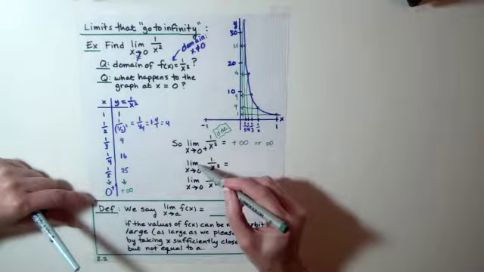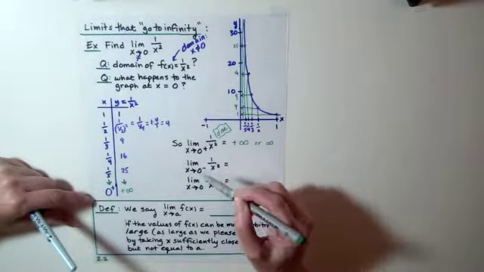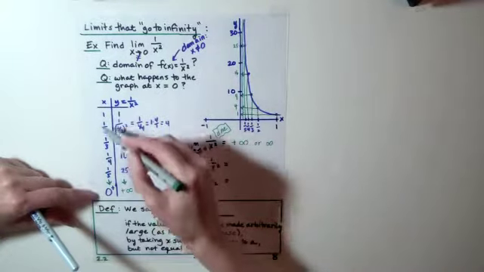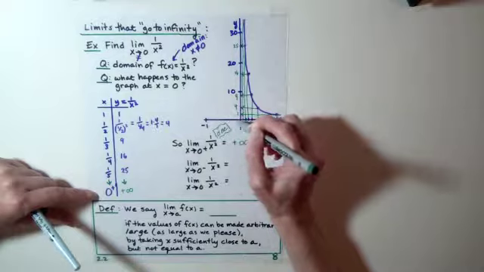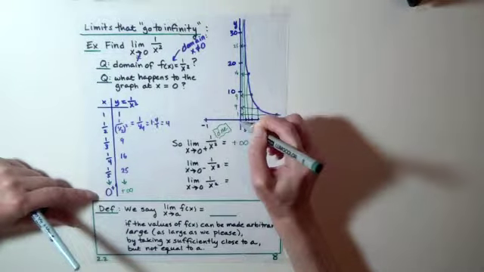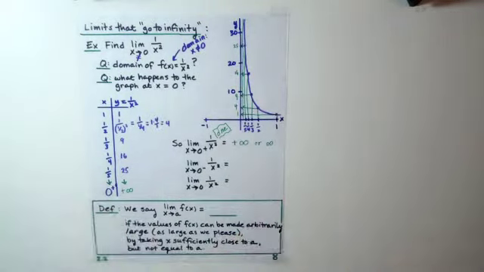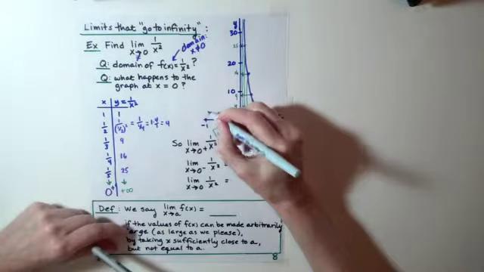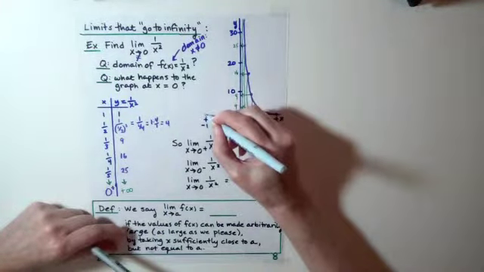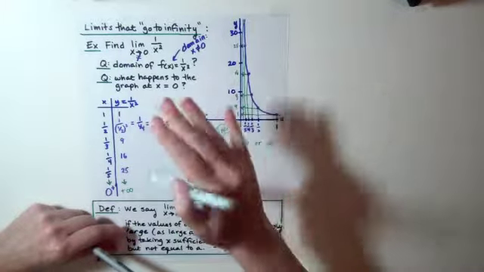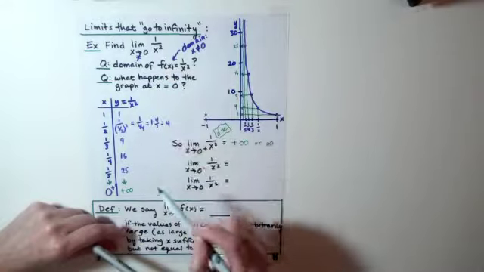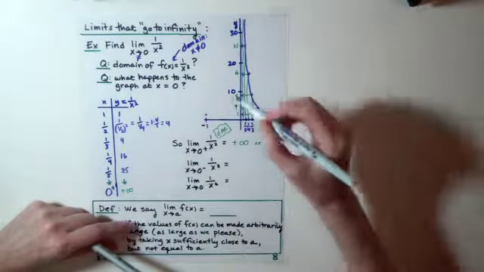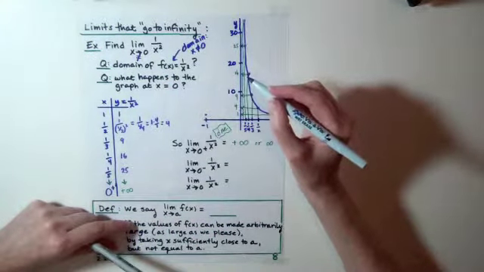Well, if you want the limit as x approaches 0 from the left, you could do the same type of thing where you allow your x values to approach 0, but now through values that are negative, values that are a little bit less than 0. And you can check yourself that the graph you end up getting is very similar. It's actually the reflection of this graph across the y-axis. That's because this particular function, y equals 1 over x squared, is symmetric across the y-axis.